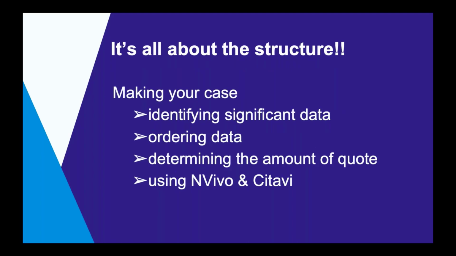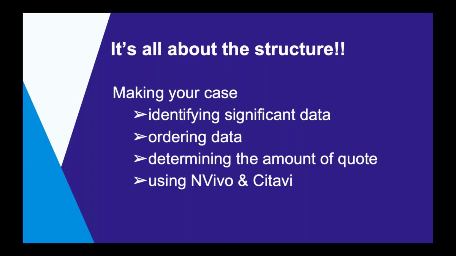So it's about the structure, making our case, identifying significant data that goes with each theme, ordering the data according to the ideas that we want to present, and then determining the amount of the quote. I've seen a lot of young scholars put big, long quotes, and what happens with that is the reader's trying to connect it with the point that you told us you were trying to make, but because the quote is so large, we can't make sense of it.